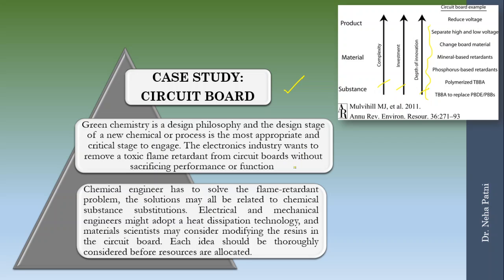So that is how it's an interdisciplinary thing. If you ask a chemical engineer, they will give you a solution related to chemical substances. If you ask an electrical or mechanical engineer, they might adopt another technology like heat dissipation. If you ask material scientists, they'll go into the resin, etc. So this is one case study I can give you related to circuit boards.